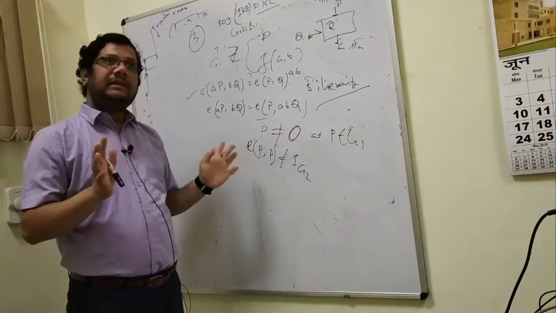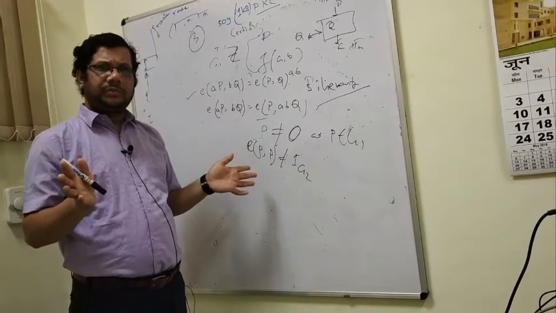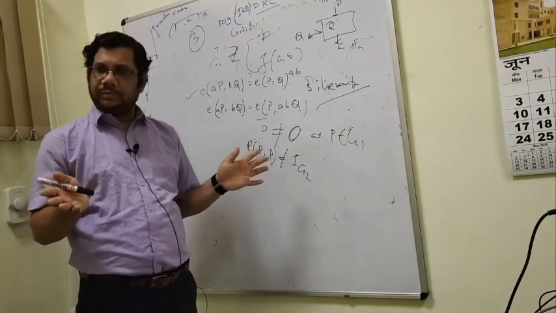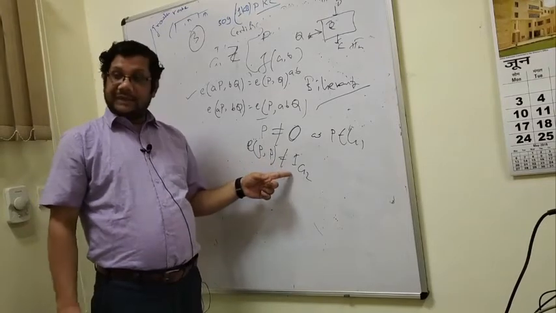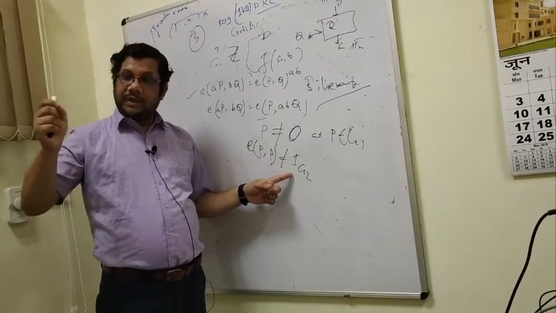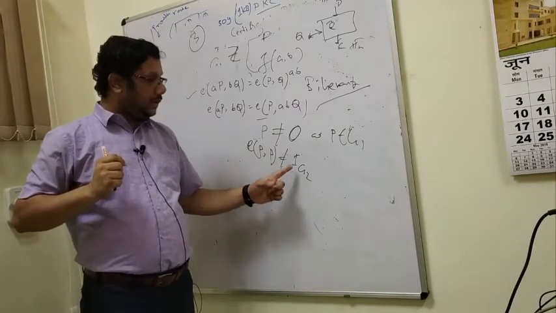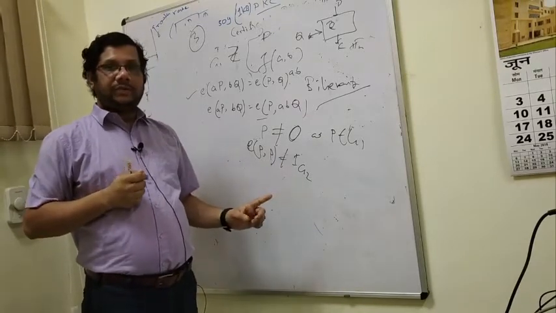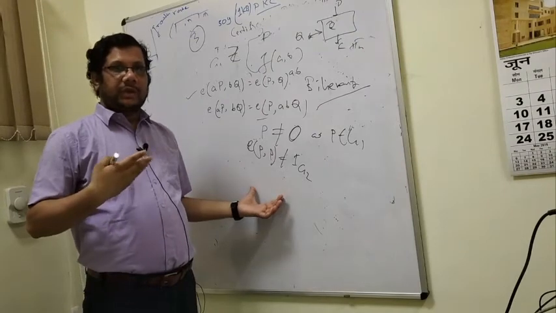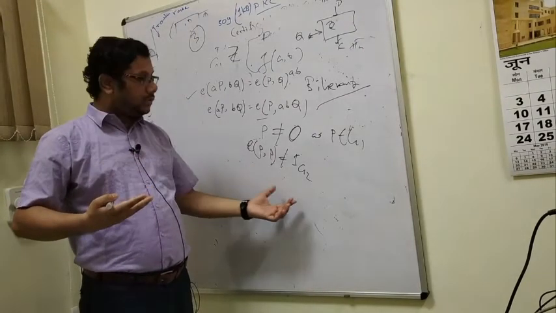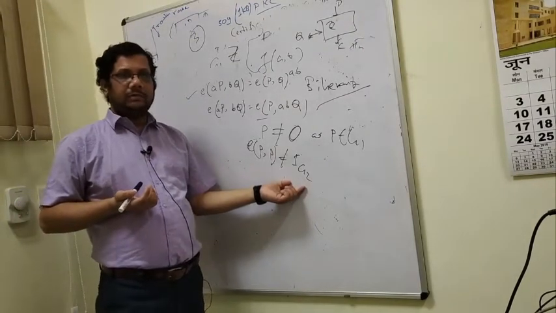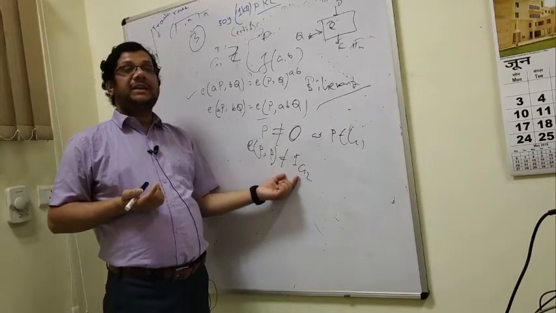But in general, G2 can be any group, any abelian multiplicative group. In that case, if it is 1 to P minus 1, then definitely the identity element is 1. But in general, we were talking in a general sense, so we don't know what group you will take. Whatever it is, it will not be the identity element of that G2.